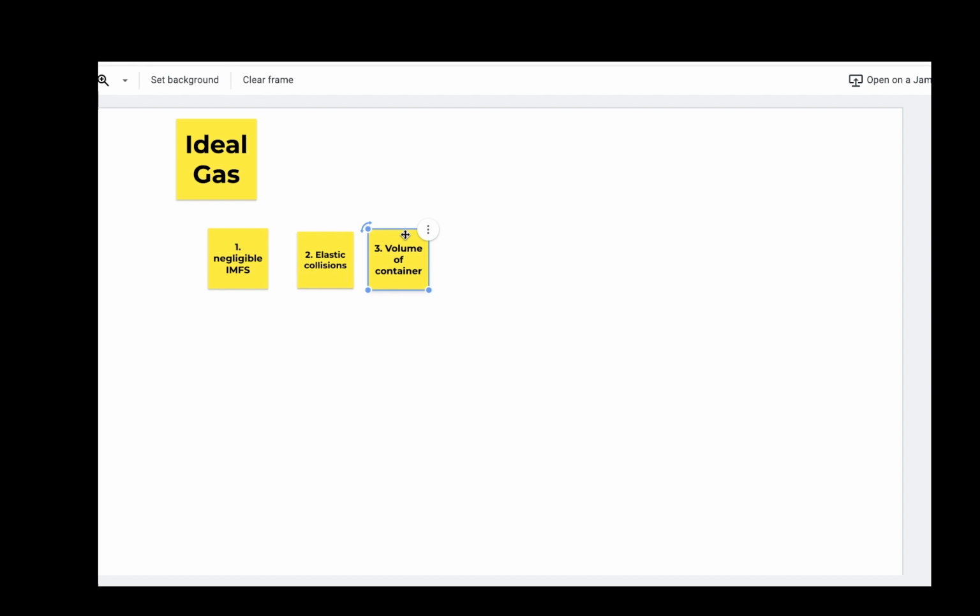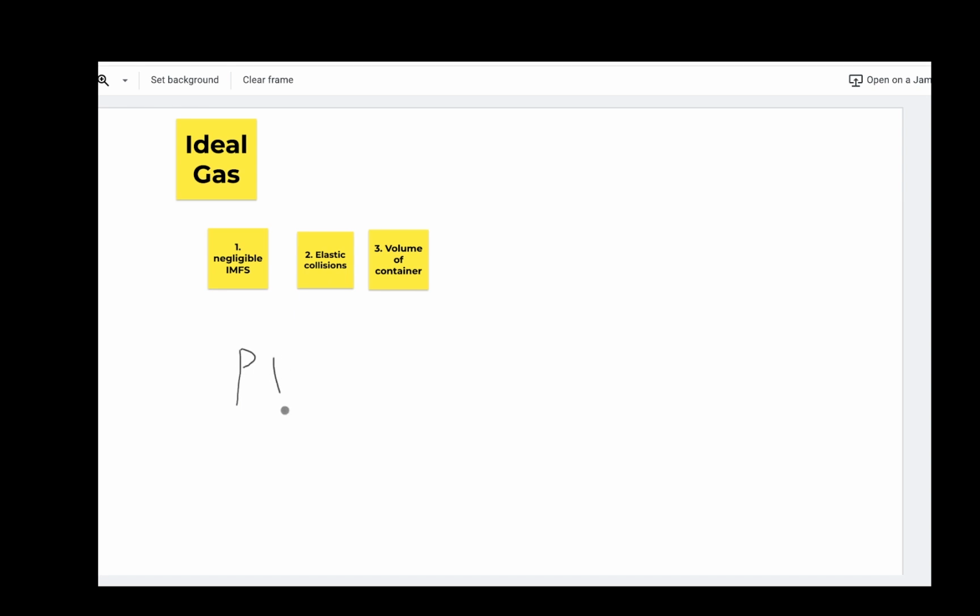Okay. With these assumptions, we can write out an equation that we call the ideal gas law, which is the holy grail of the gas unit, and everything sort of stems from it.